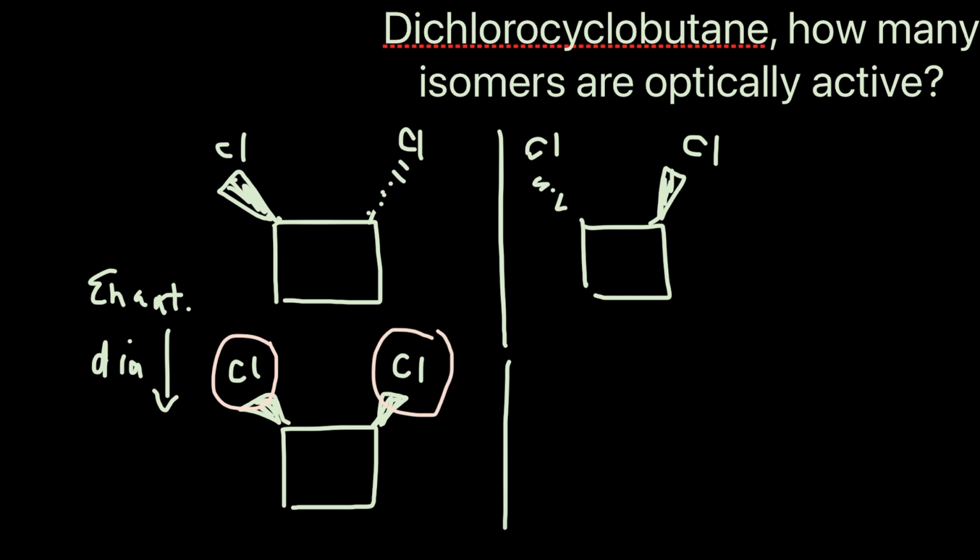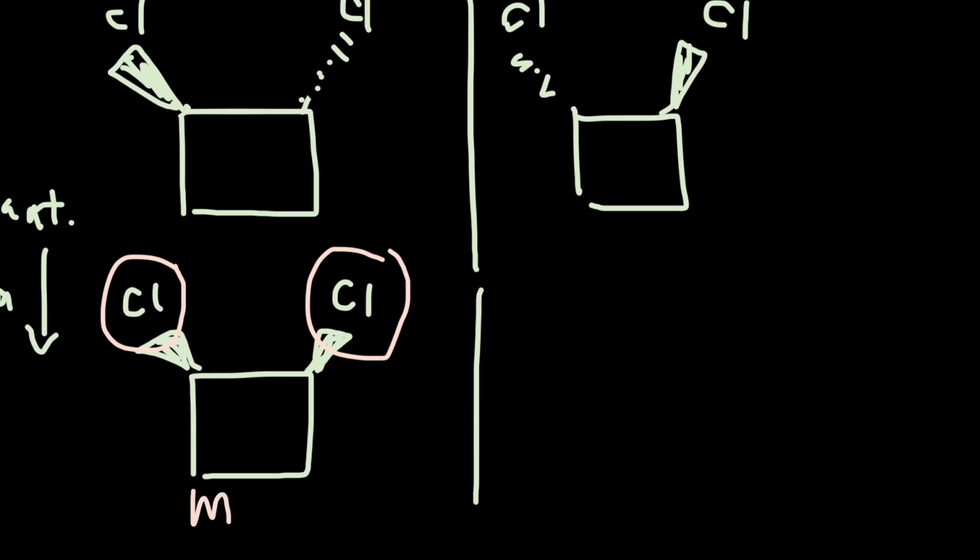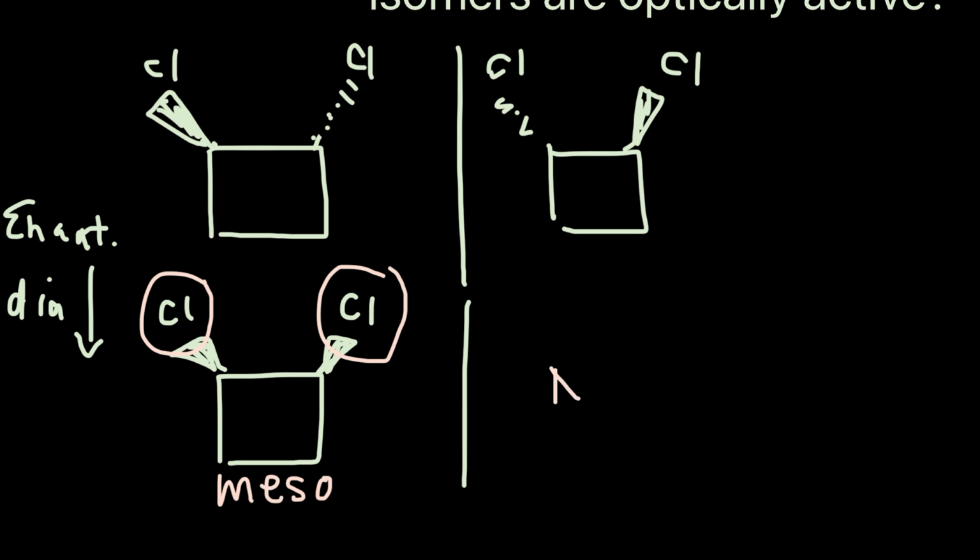Especially if you have a cyclo compound and you're given two of the same branches, like two chlorines here, you're going to instantly know that there's going to be a meso compound. So this is our meso compound, which means its mirror image is the same thing as the meso compound.